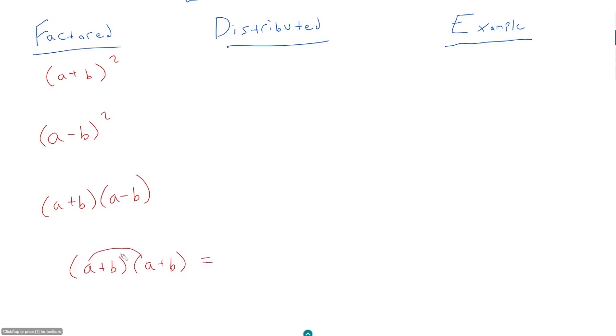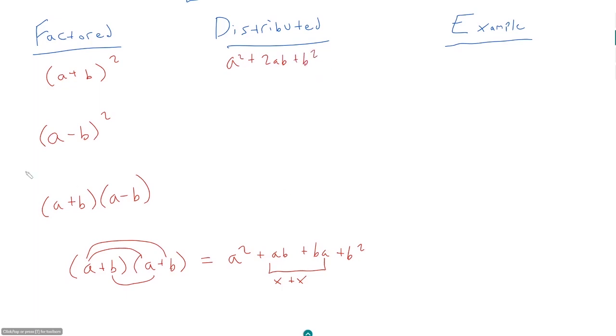So this would be a squared plus ab plus ba, which is the same as ab, plus b squared. This is no different than saying x plus x is equal to 2x, except in this case, x happens to be equal to ab. So this is really just a squared plus 2ab plus b squared.